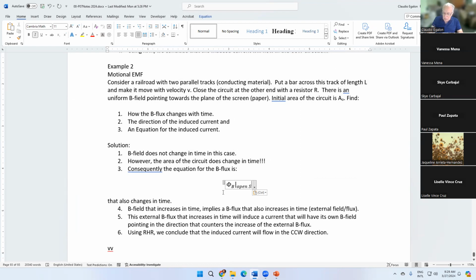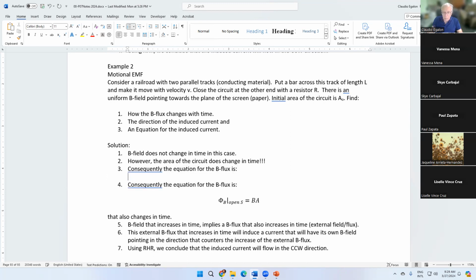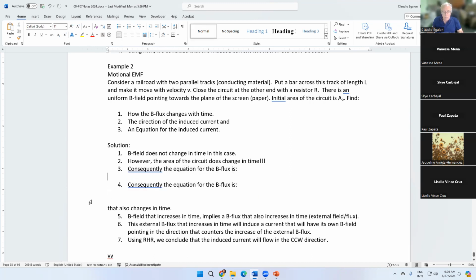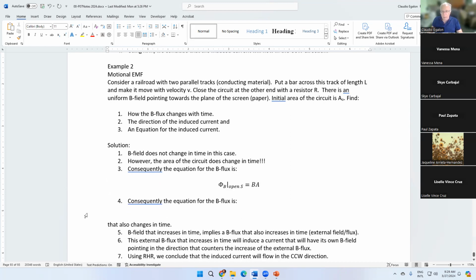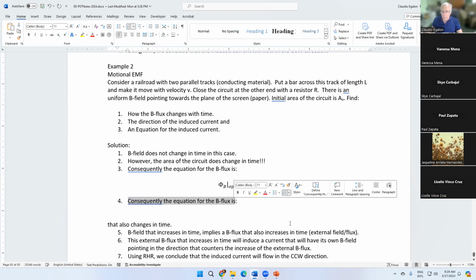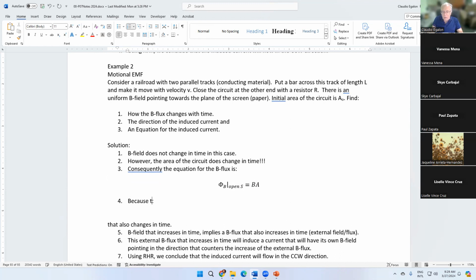It's going to be just the magnetic field times the area of the circuit. Because the B field is parallel to the area vector of the circuit, there is no cosine theta term in the equation.